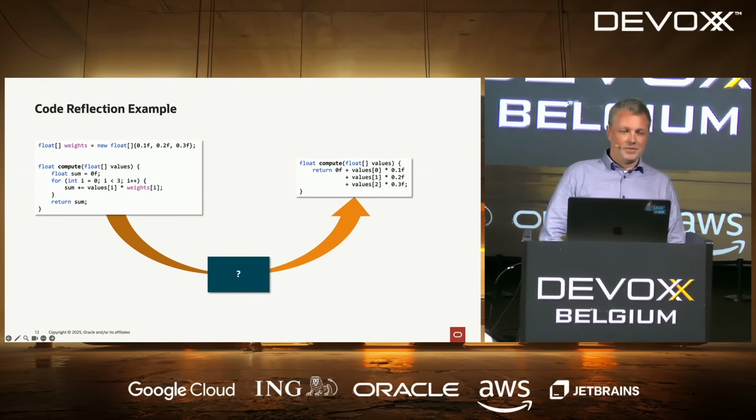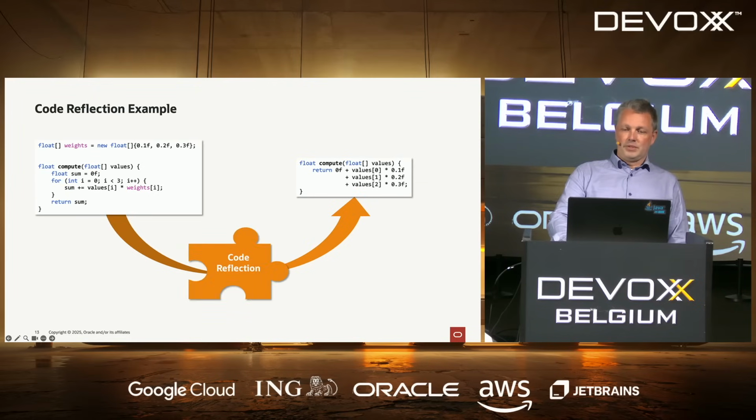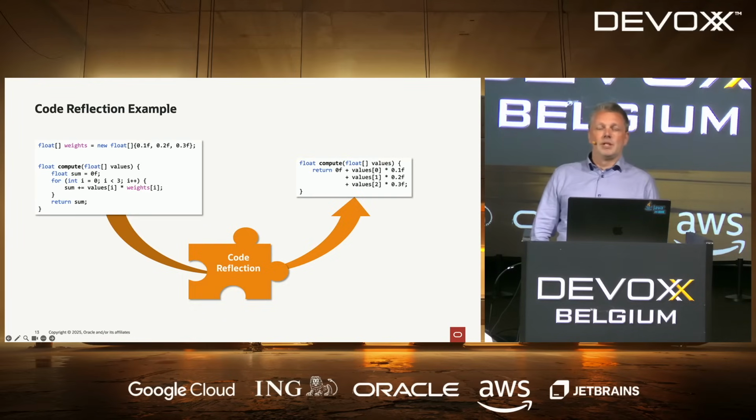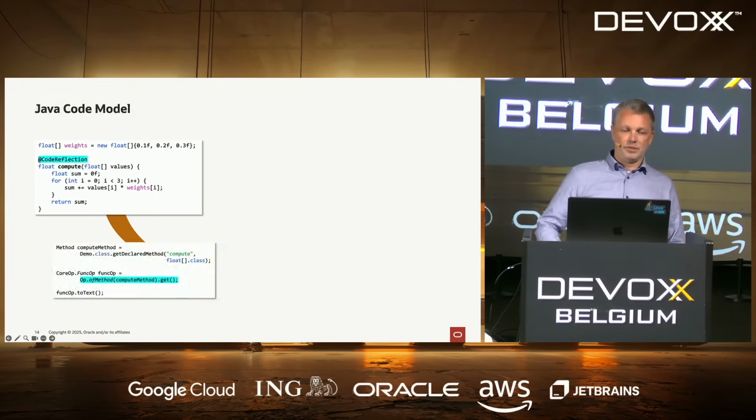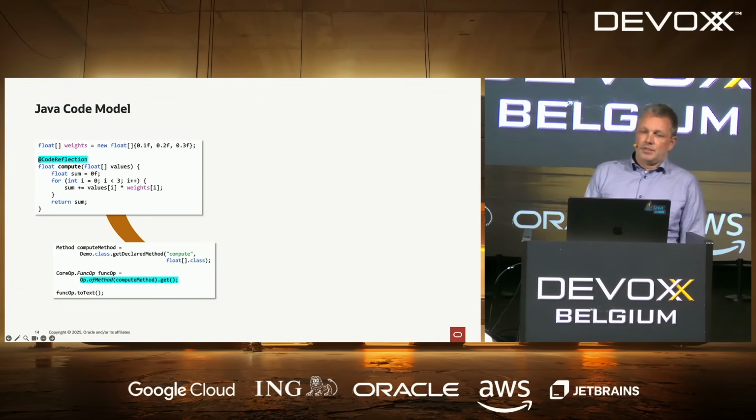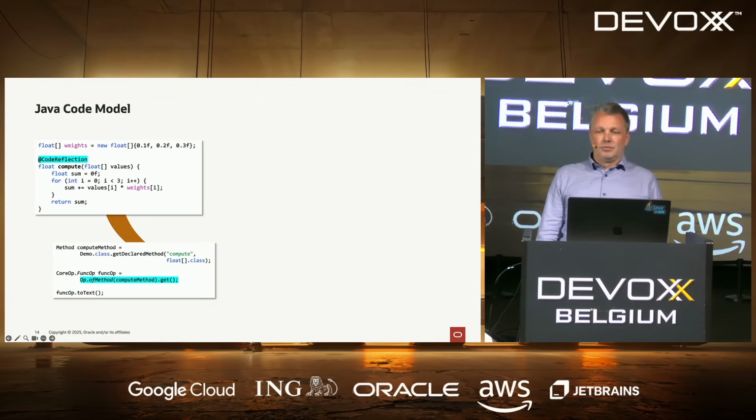So how do we get from one version to the other version of the Java code? You can probably already guess: it's using code reflection. Even though this is not a typical usage of code reflection, it helps us understand the basics without any distraction of foreign technologies. So first, we need to tell the Java compiler that we would like to have code reflection out of our method.